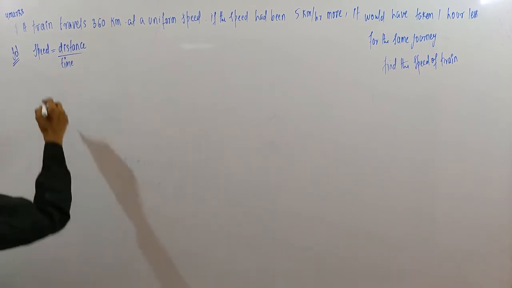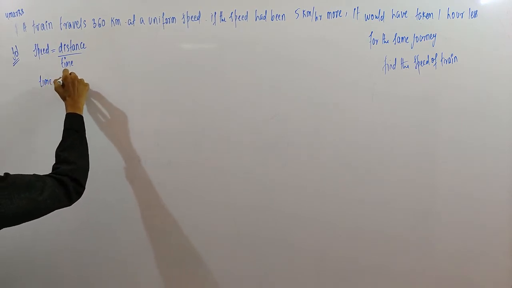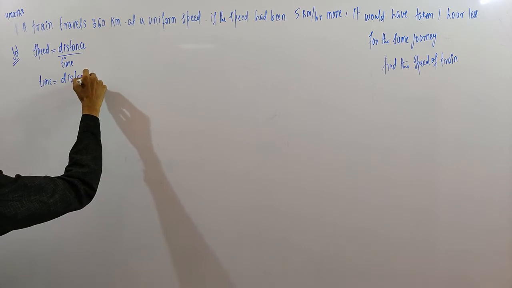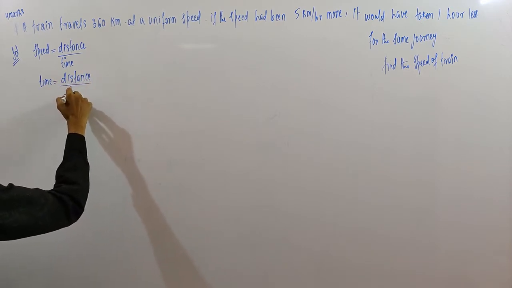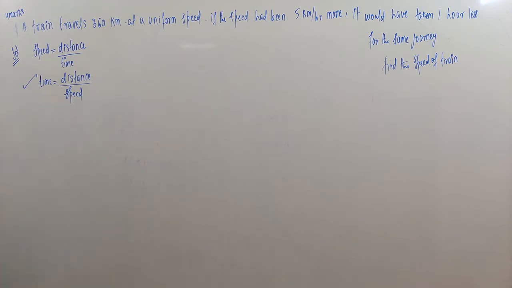We can get time from this. Time is equals to distance divided by speed. We will use this formula here, time equal to distance by speed.